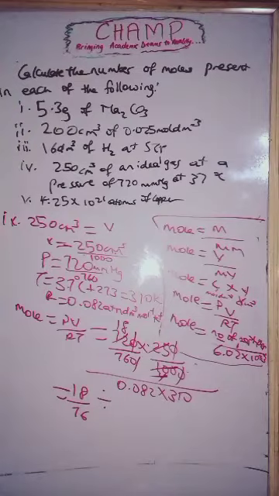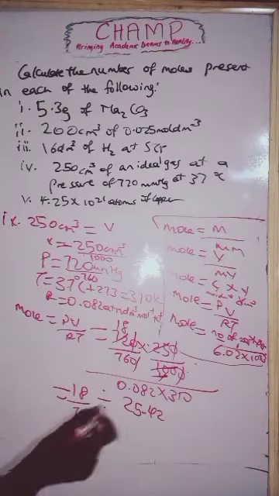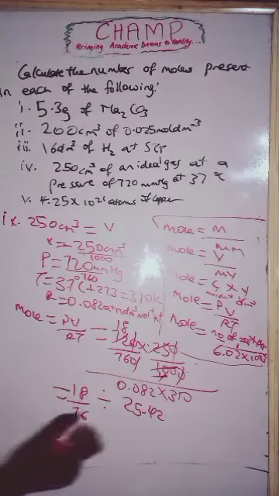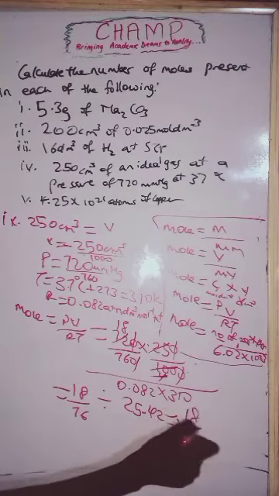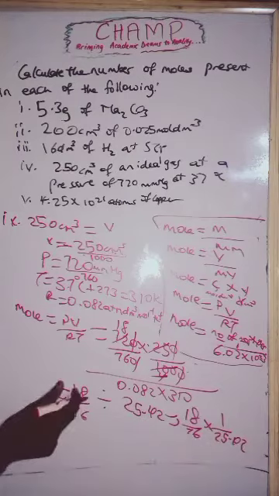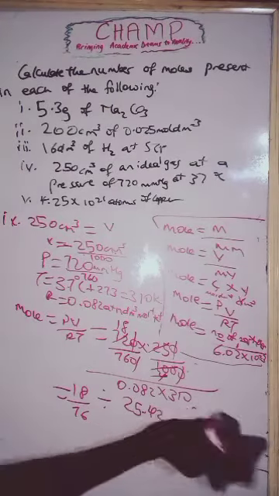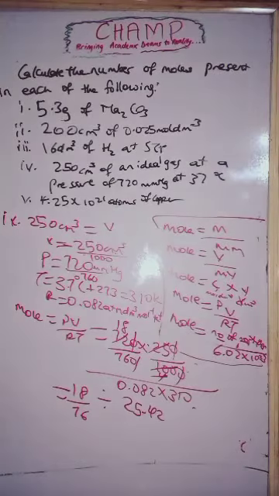So that's what we have, 25.42. I should have even divided everything straight, but let me just continue. But this is what I should have done. Let me just clean this so that I don't stress you out. Let me press 18 divided by 76 here.